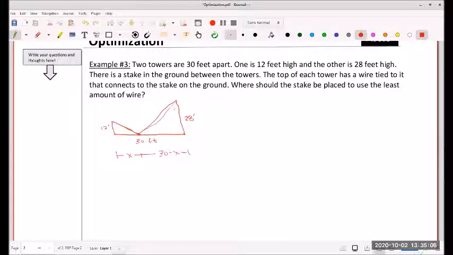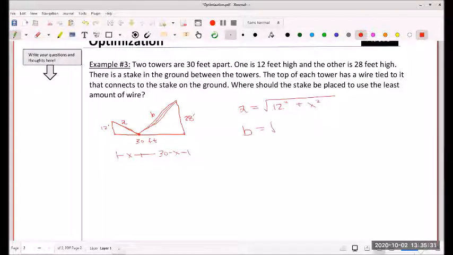The way we're going to do that is we're going to use the Pythagorean Theorem. Let's call this distance A for now, and this distance B. And so what I know is that A is going to be equal to the square root of 12 squared plus x squared. That's the Pythagorean theorem.